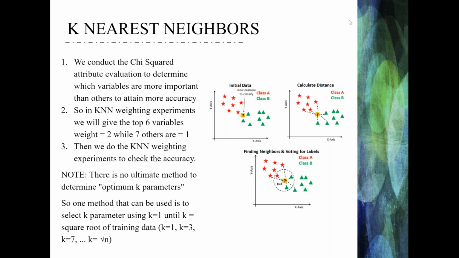The calculated distances are arranged in ascending order. Then, from whatever k value we've set, we take that many nearest values, the most frequent class among them is taken, and the class is predicted.